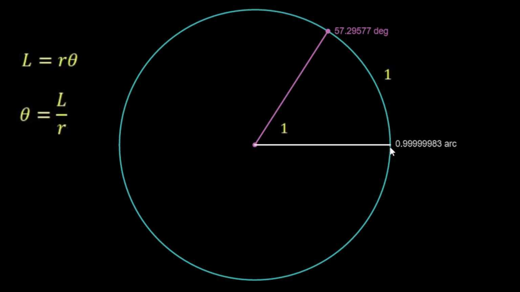That is just 2 times pi times r, so it's 2 times pi times 1. 2 times pi is 2 times 3.14, which is 6.28 approximately. So we're going to have 6.28 radians in the full circle, or equivalently we can say we're going to have 2 pi radians in a full circle. So 2 pi radians is equal to 360 degrees.